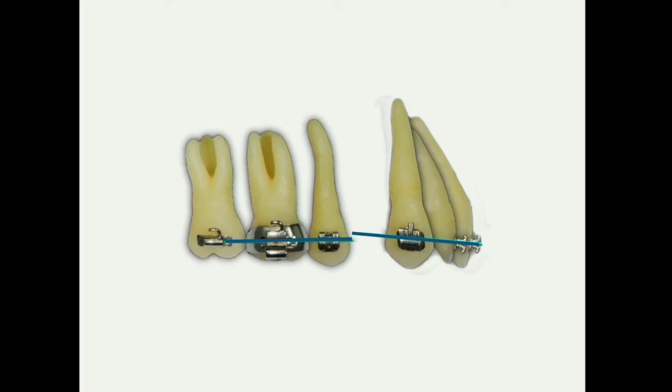As the anterior segment extrudes and tips lingually, it creates an angle or a V-bend in the arch wire related to the posterior segment.